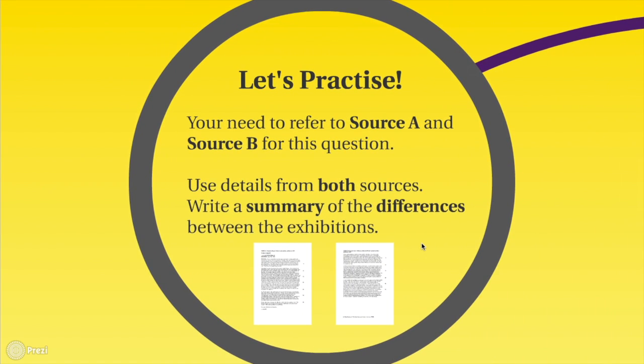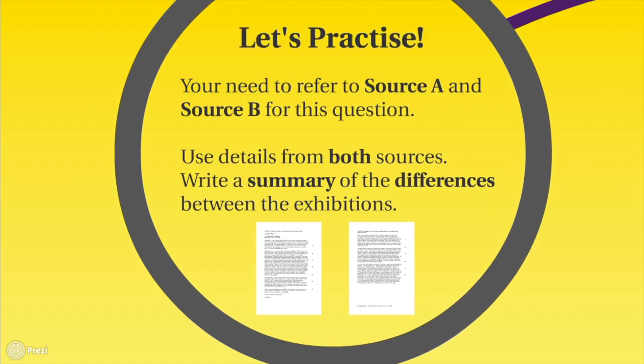So in order to get these sources you need to head over to my website acaexams.wordpress.com, and you can get hold of the two sources, which are Charlotte Bronte and Andrew Marr. So the question is, you need to refer to source A and source B for this question, use details from both sources, write a summary of the differences between the exhibitions.